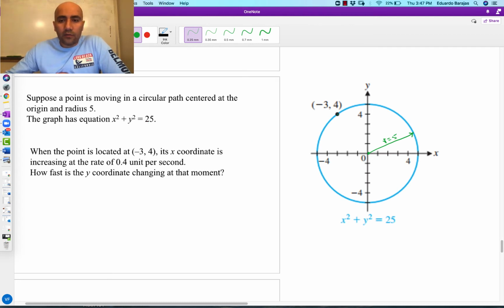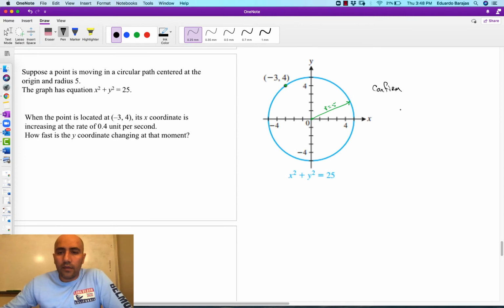So here's a particular point. We can confirm that that's a point on this line. Let's confirm it. If we plug in blank squared plus blank squared equals 25, and we let x equal -3 and y equal 4, that makes it 9 plus 16 equals 25.